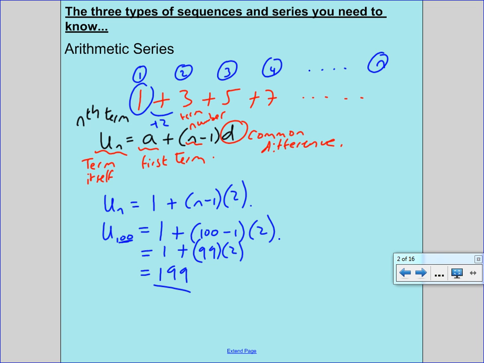And you can see how I got this a plus (n minus 1)d by writing out our terms again like this.